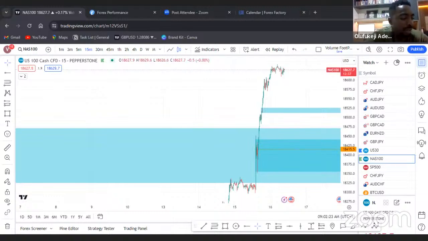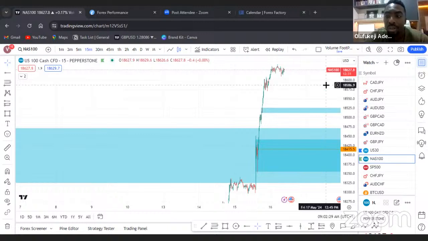Great analysis. The CPI yesterday has shown a lot of people that trading is a marathon and is not a sprint. Traders who trade recklessly, traders who trade carelessly will not last.